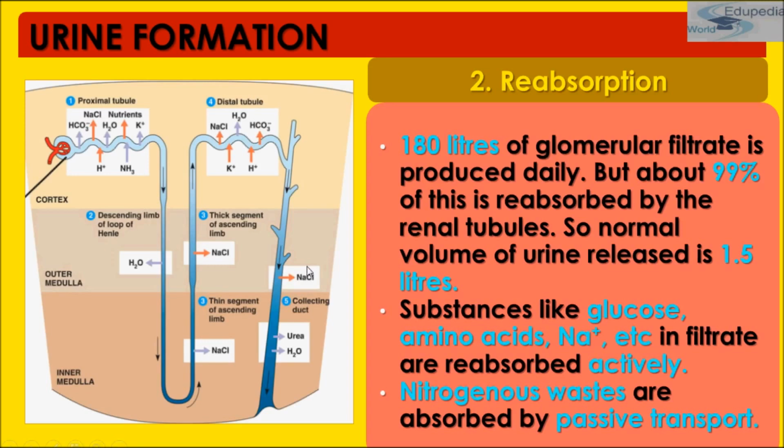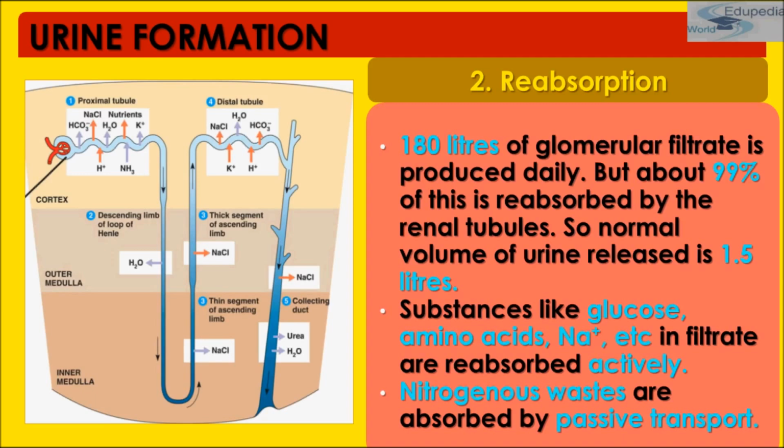The amount of glomerular filtrate formed per day is 180 liters, and the urine released per day is about 1.5 liters. This suggests that nearly 99% of the filtrate is reabsorbed.